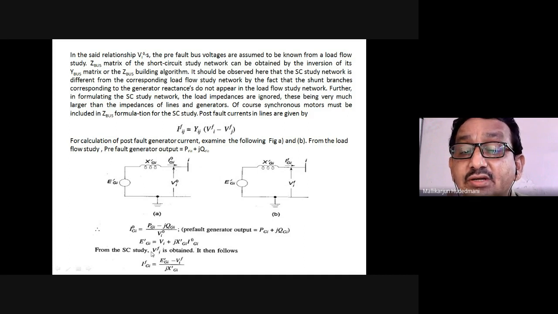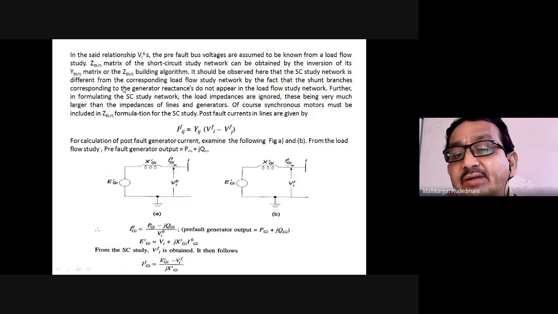From the short circuit study, any bus voltage, the ith bus voltage after the fault, is obtained. Then this is rewritten as, from this perspective, the current injected during the fault IGiF equals (E'Gi minus ViF) divided by j times X'Gi.